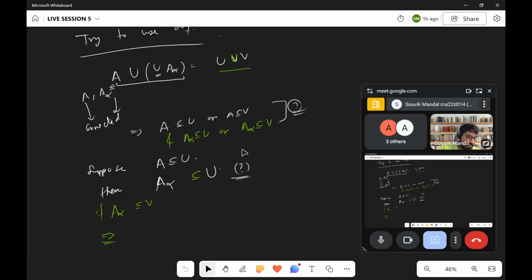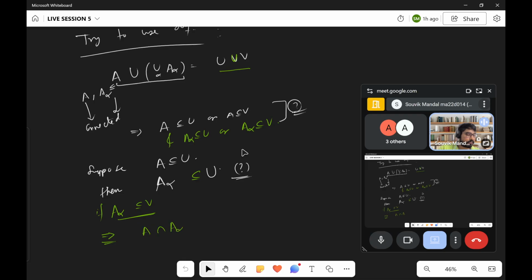A belongs to U and A alpha is a subset of V. But that is the same as saying what we are trying to prove, because if alpha equals 1, then we will get A union A alpha, right? So we cannot use that.